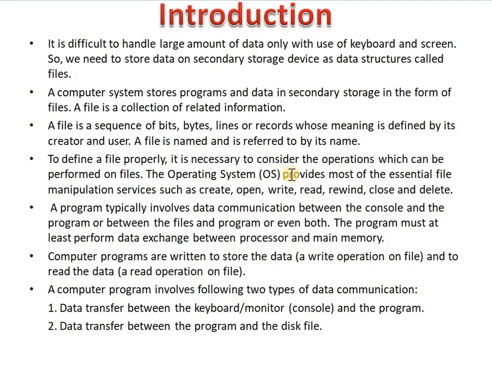The operating system provides most of the essential file manipulation services such as create, open, write, read, rewind, close and delete. These are the main services provided by the operating system itself for the file.